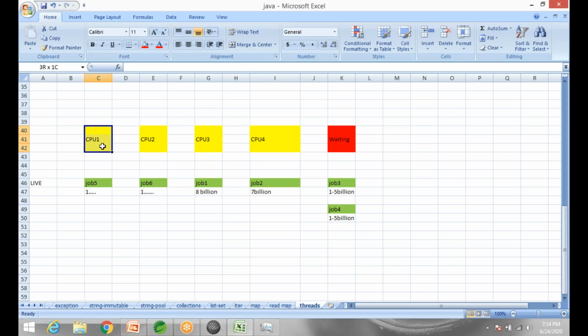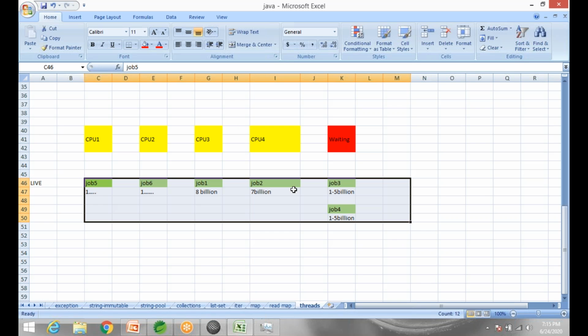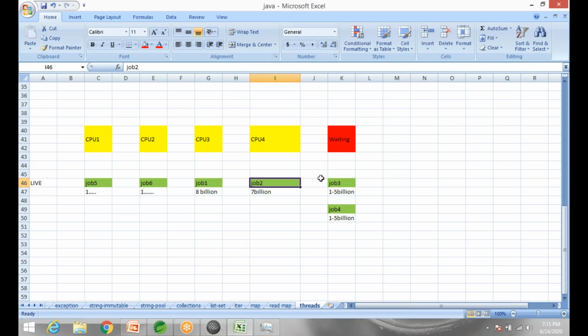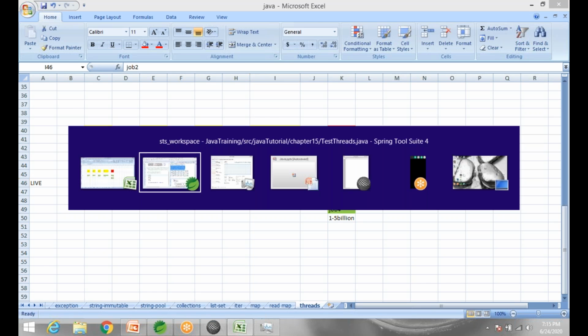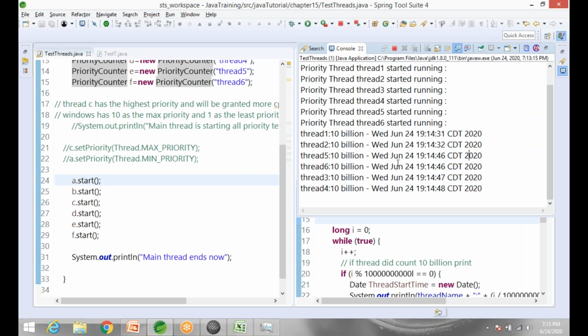However, CPU 1 will randomly decide I will spend half a second with this. CPU 2 will decide I will spend 1/3 of a second, or maybe 2 seconds. CPU has to constantly switch between the active job and the waiting job, process everything parallelly, and that switching is randomly happening, and that CPU time is randomly picked, and that's the reason none of them have the same amount of finishing time.